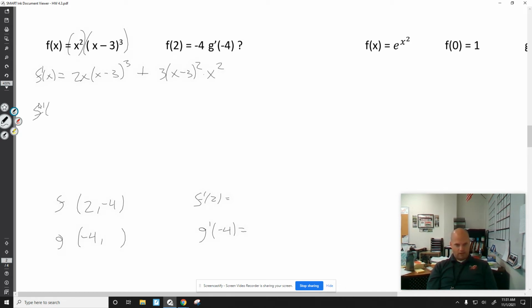Fortunately, I don't have to factor this. I just have to plug in 2. 4 times negative 1 cubed plus 3 times negative 1 squared times 4. Negative 4 plus 12 is 8. 1/8 is my answer.